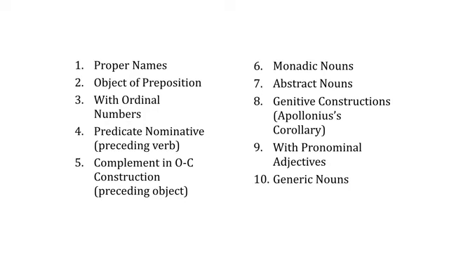And then generic nouns. These are also going to function as definite categories without the article. And again, with the article, like abstract nouns, there's very little difference between an articular generic noun and an anarthrous generic noun. Let me give some illustrations on just some of these.